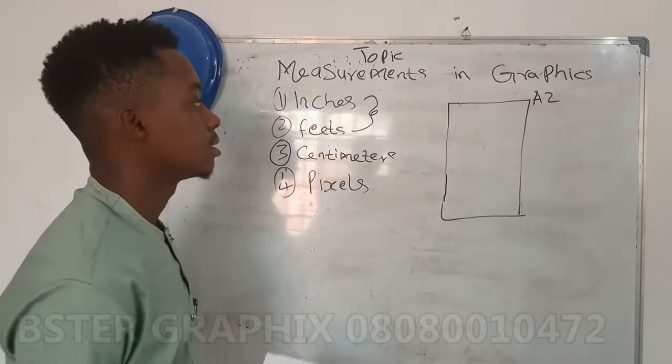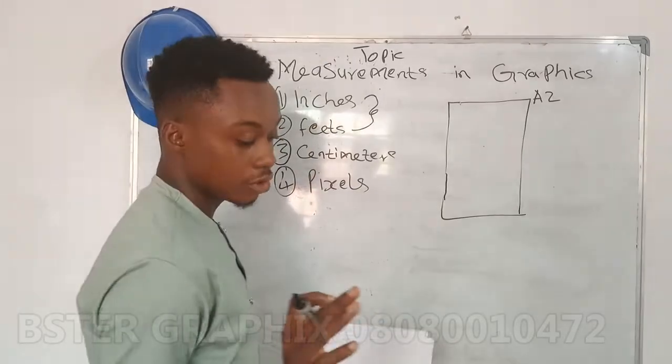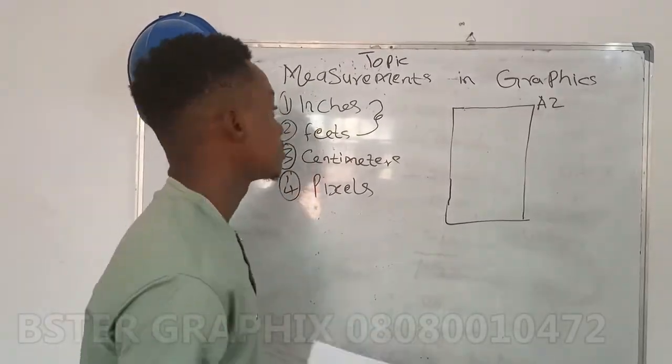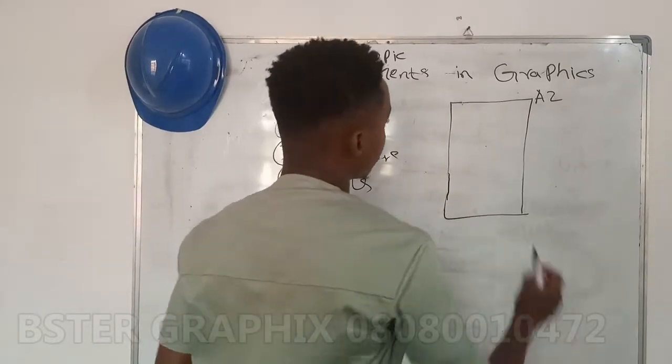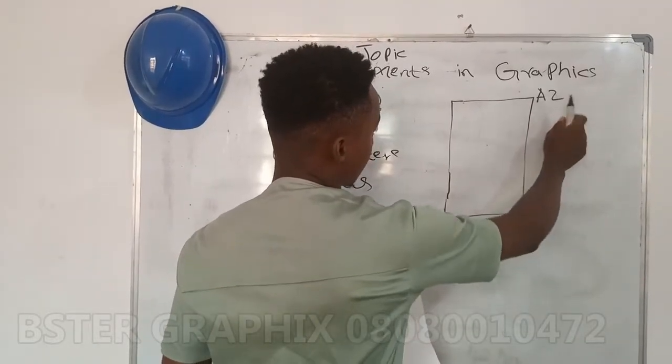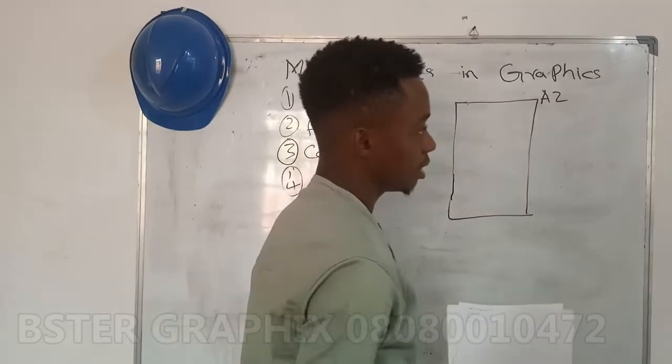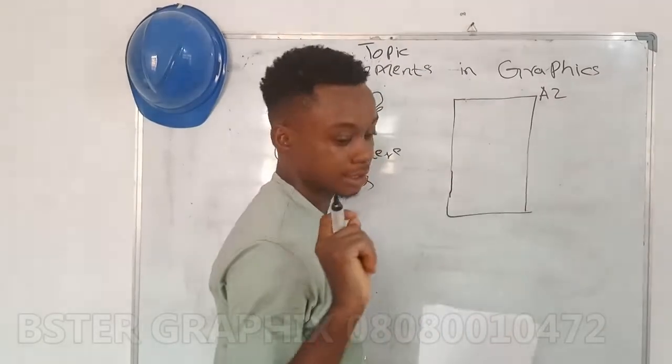Do you understand? I'm going to show you how you can get the measurement of any object or any paper you want in Photoshop. So the A2 paper is big. Understand? It's one of the biggest papers in printing.